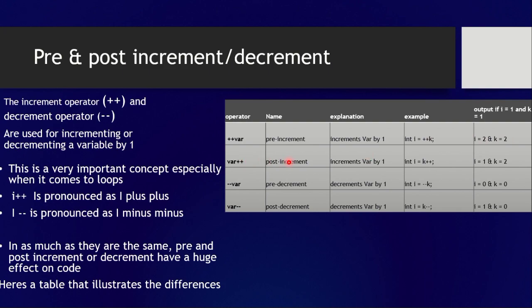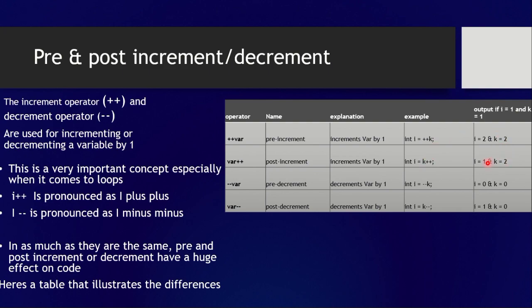The post-increment operator is going to be variable plus plus. So it increments the variable by 1 as well, but the difference is int I is equal to k plus plus. Meaning I is going to be equal to the variable k, but k, however, is going to be incremented by 1.